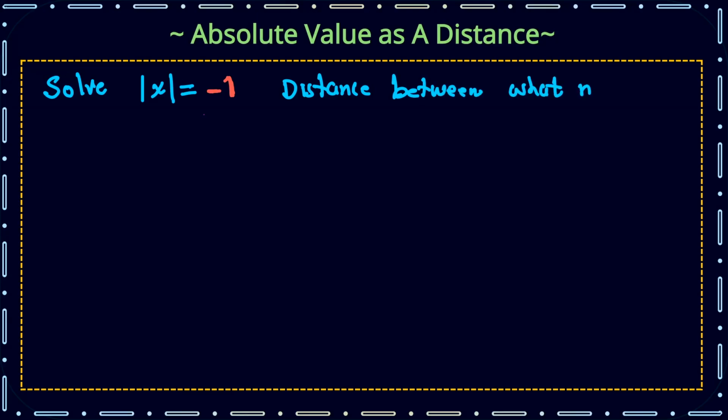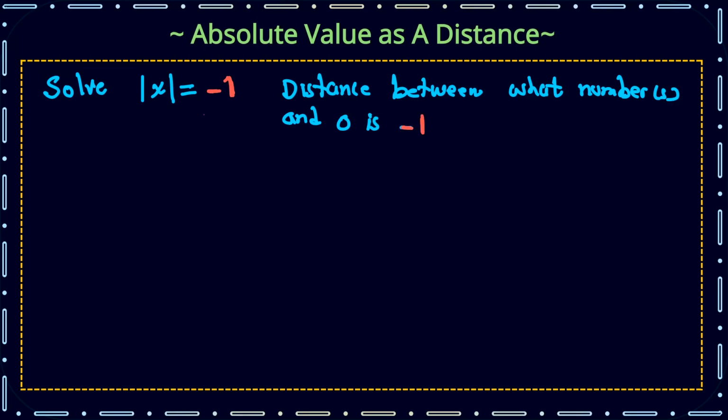Let's look at the next example where you have to solve this equation, absolute value of x equal to -1. Let's do the interpretation of this absolute value equation. You ask yourself, the distance between what number, and keep in mind that we are measuring from 0, and 0 is -1.